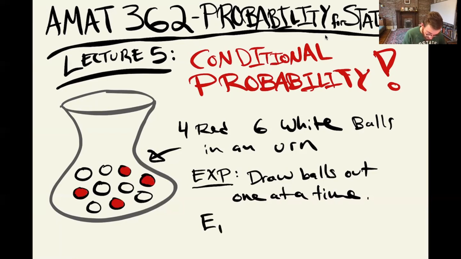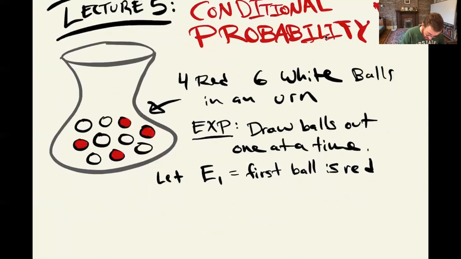Let's let E1 be the event where the first ball is red. And let's imagine that E5 is the event that the 5th ball is red.